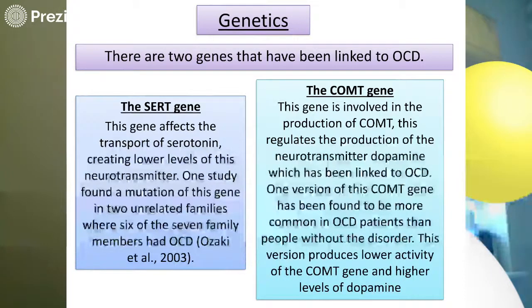So this could be that there's an issue with this gene that is inherited, and this therefore means that that individual has higher levels of dopamine, and if they have higher levels of dopamine, it could link to them having OCD. So these two genes, the research that supports them suggests that these genes can be inherited and that these genes are linked to OCD.